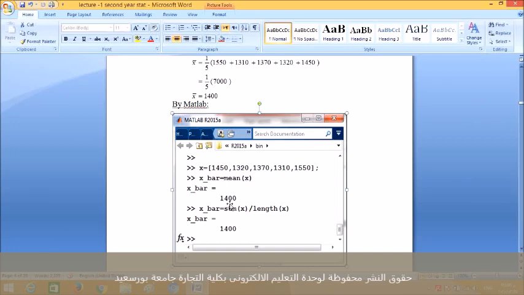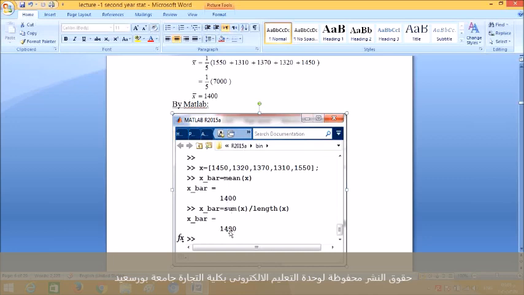1,400 pounds. Okay? Or if you want to be sure that the mean is correct, you can use sum x divided by length of x, as we said before.